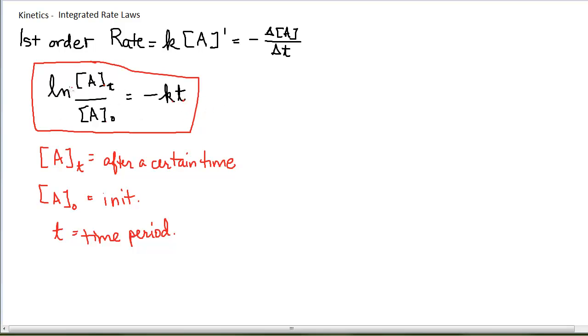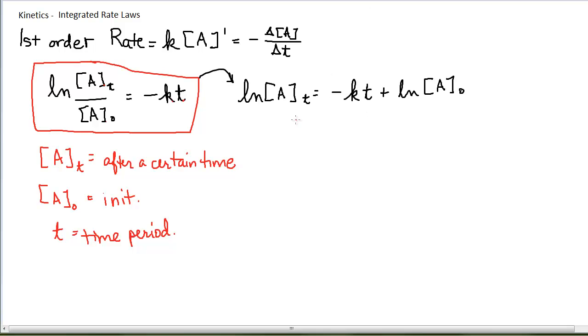Now that requires that you be able to handle mathematics involving logarithms. This might be a great time to review logarithms, but here we have this formula, which is our first order integrated rate expression. A little bit of algebra leads me to a slightly different way to write this.